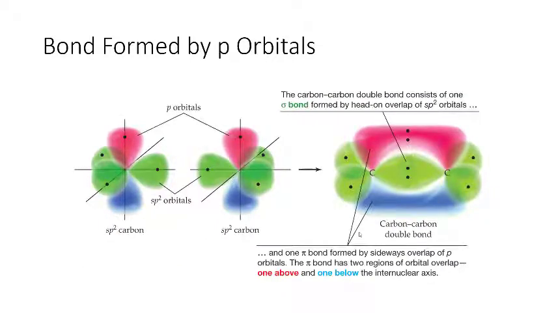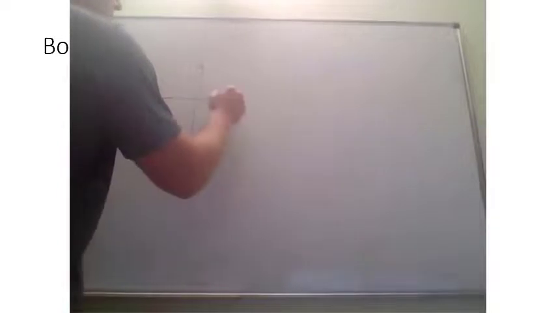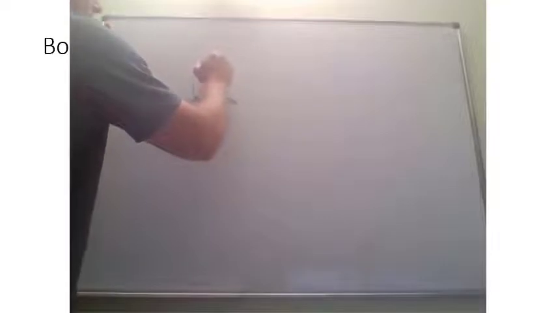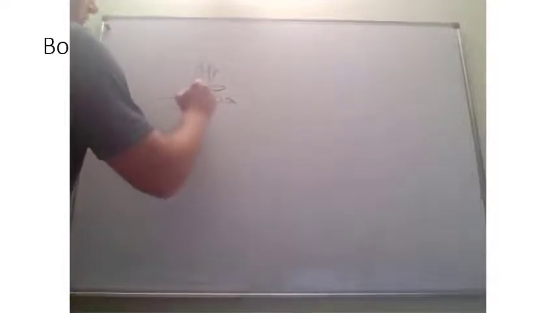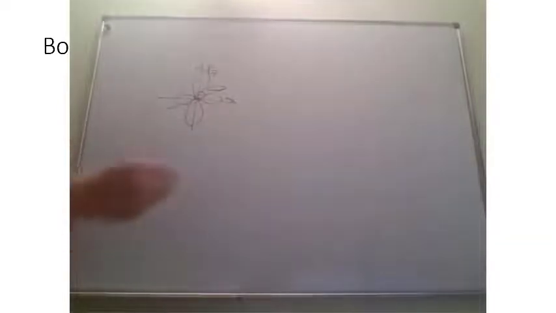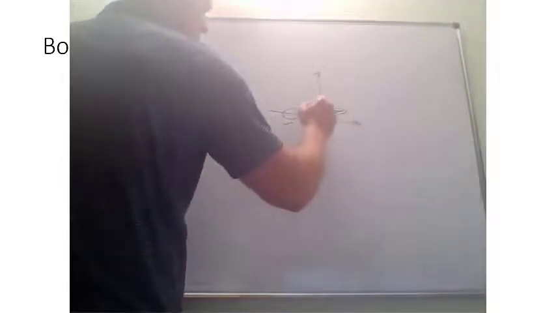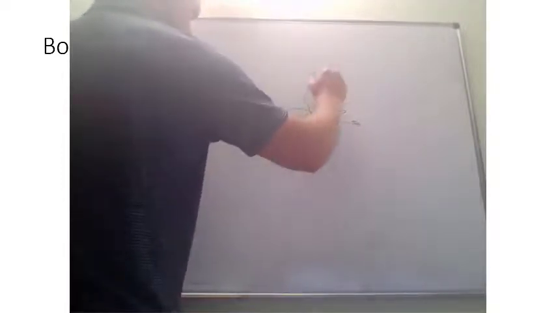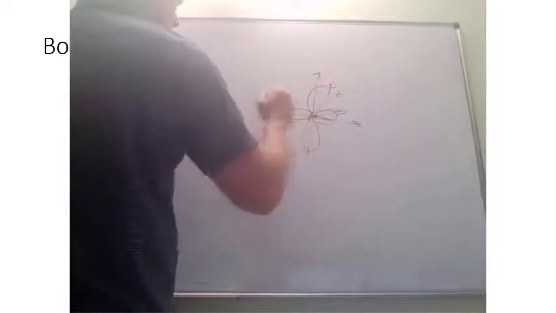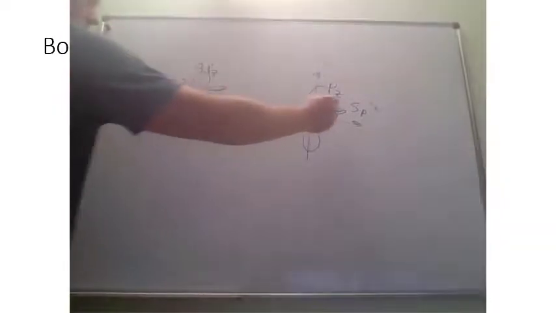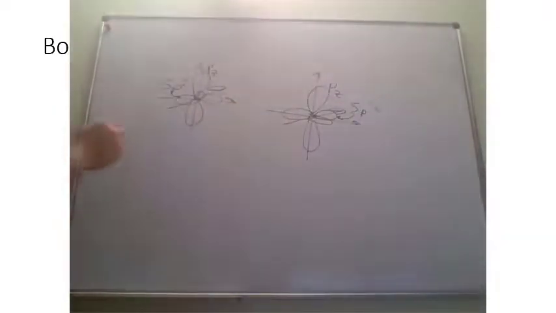Okay, so let's take a look at how these sp2 hybrid orbitals can undergo bonding. If we have our 3D shape here, with our pz and our hybrid orbitals in the middle, and two of these molecules coming in contact with each other, and these are the sp2s in the middle, you can get overlap.